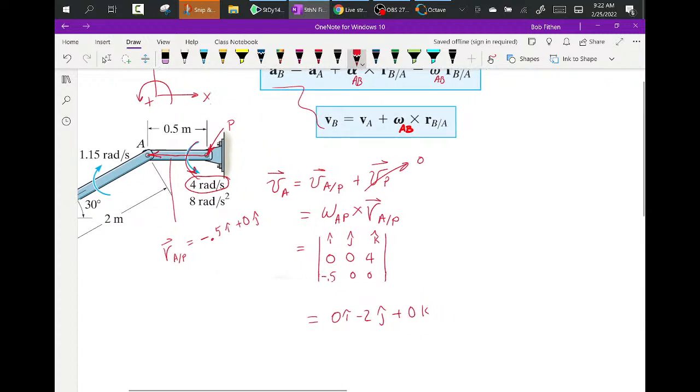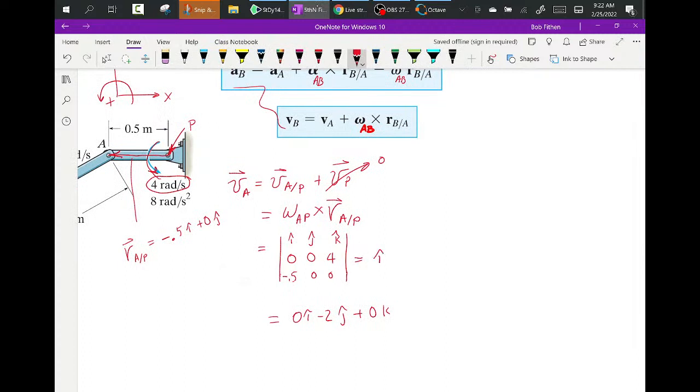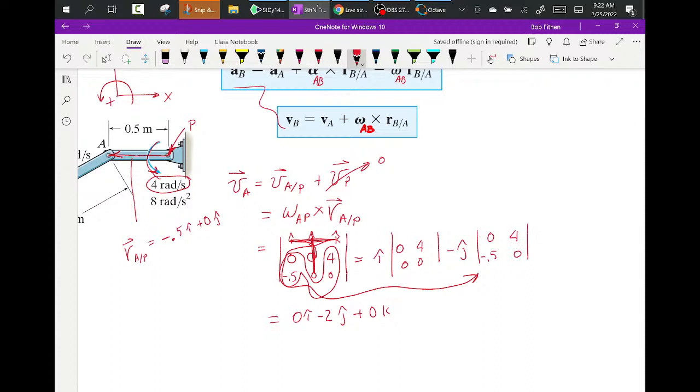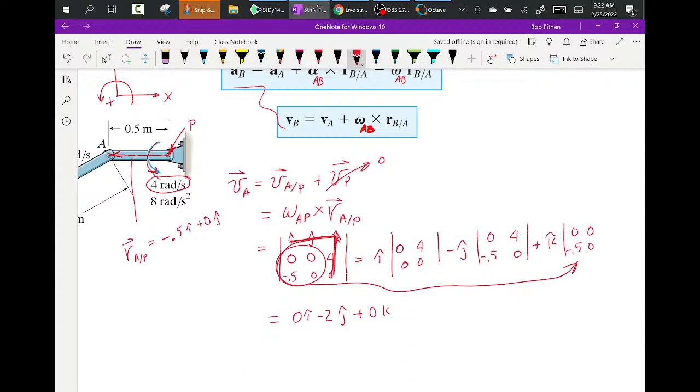I'll do this one particular time. We do the I component, cofactor expansion, meaning this matrix ends up there: 0, 4, 4, 0. Minus J, cofactor expansion here would be this, move over to here: 0, minus 0.5, minus 0.5, 4, 0. Then cofactor expansion here, move over to right there: 0, 0, minus 0.5, 0.